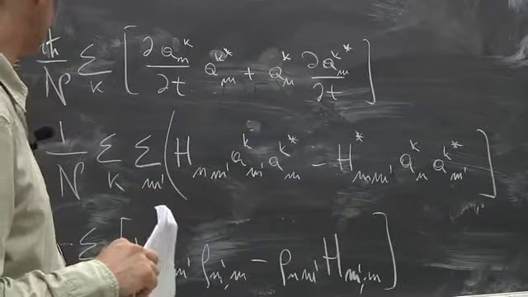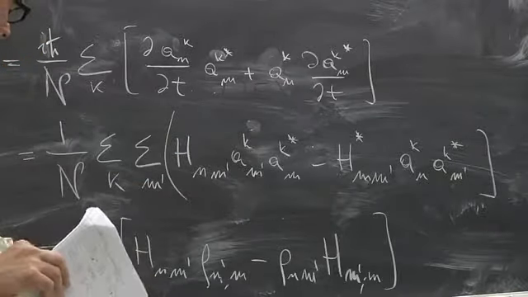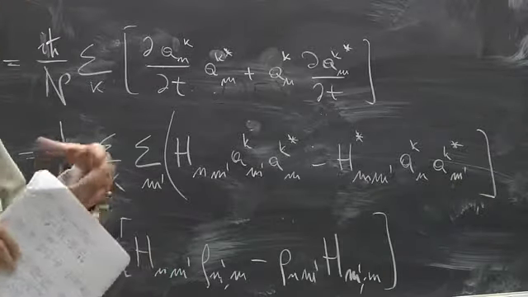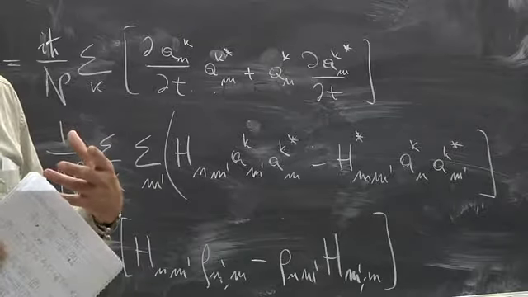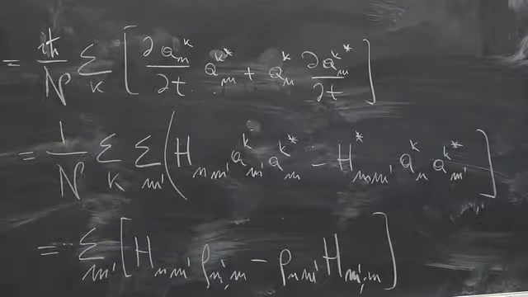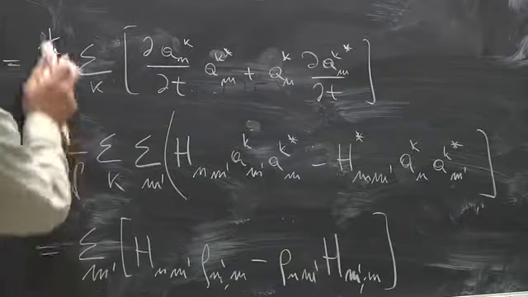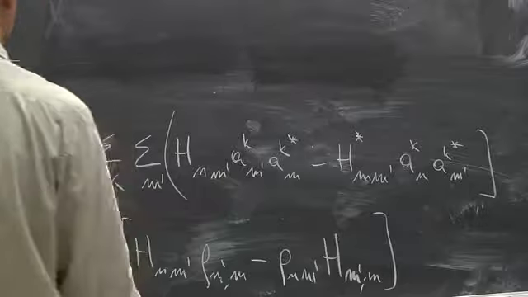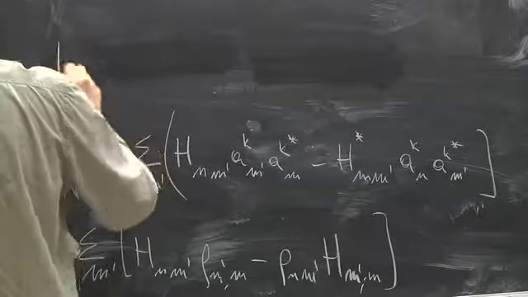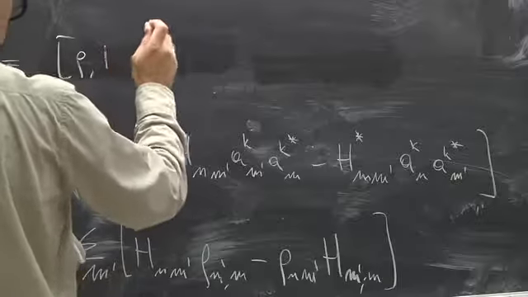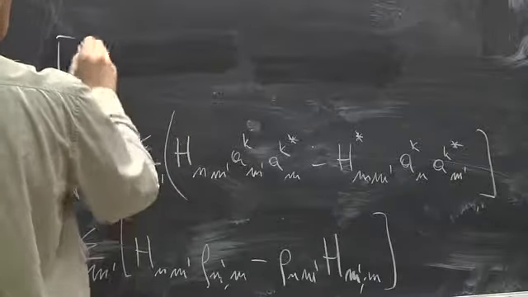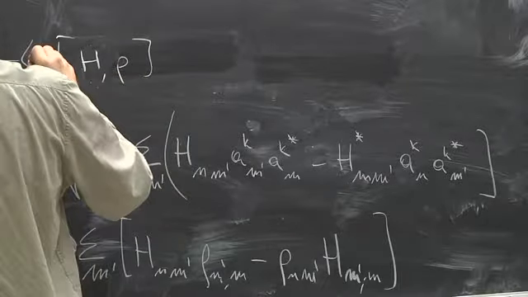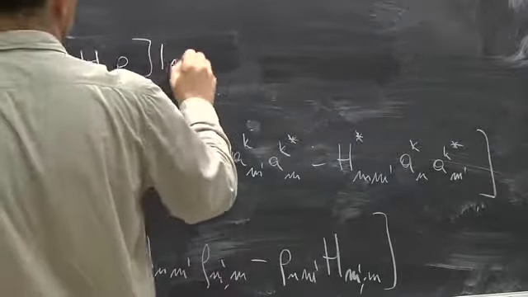Now you see this is exactly the nm matrix element of the commutator. So what you get from this is that this object is precisely the commutator of h and rho, matrix element n m.